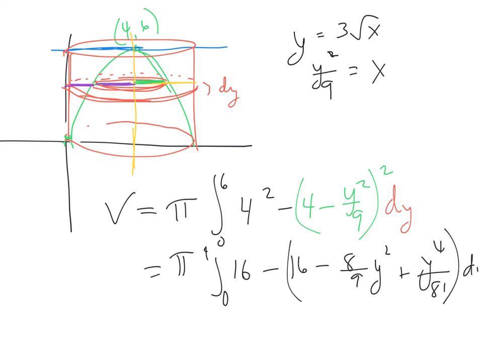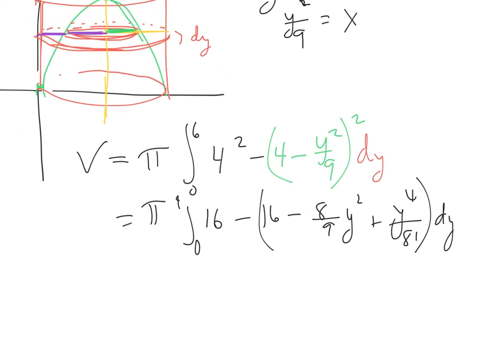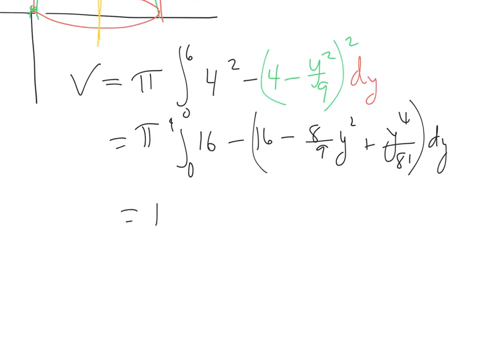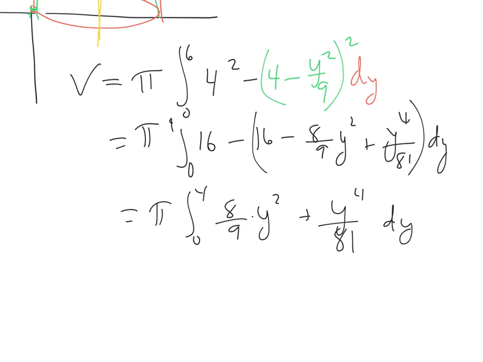Subtracting all of that, that is going to involve some simplification there. So I'm going to end up with 8/9 y squared minus y to the 4th over 81 dy.